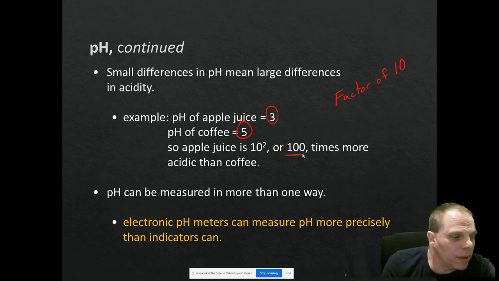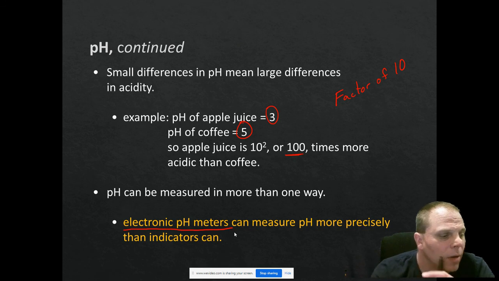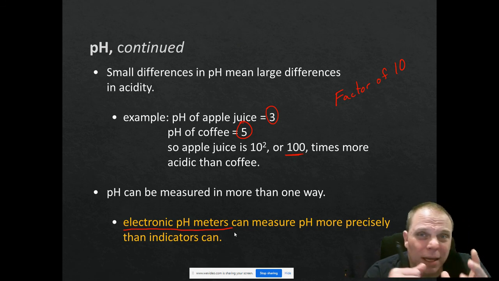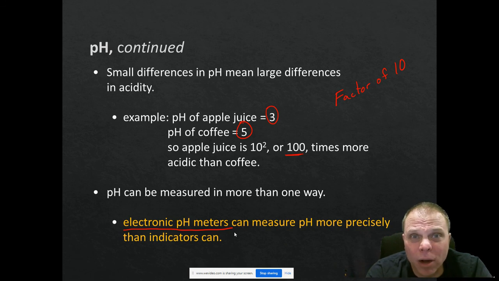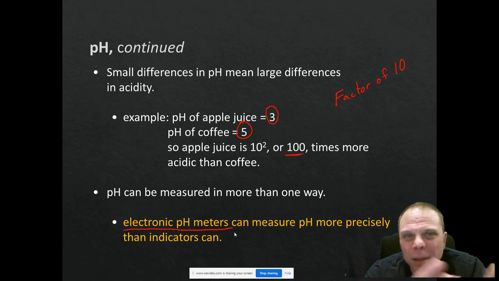You can also measure pH with electronic pH meters. And this is something that is better at measuring the pH than indicators. And they work based upon the electrolyte ability, the ability to conduct electricity, right? So as you get a strong concentration of a strong electrolyte, then you're going to have more electricity conducted.